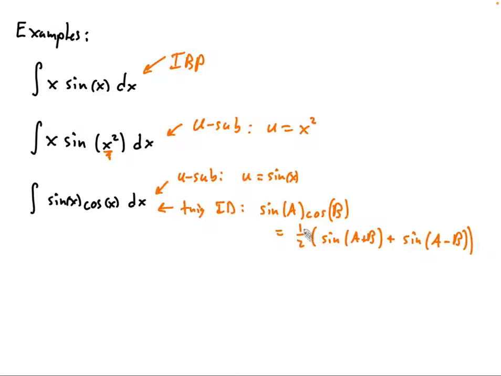If we apply this trigonometric identity, then the integrand would become the integral of 1/2, and the a and b in this case are both x, so we'd have sine of x plus x plus sine of x minus x. So this would simplify to 1/2 times the sine of 2x, and we could solve this integral by doing a small substitution of u equals 2x. So a couple different ways of handling this integral.